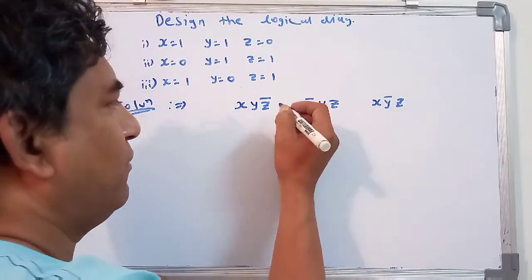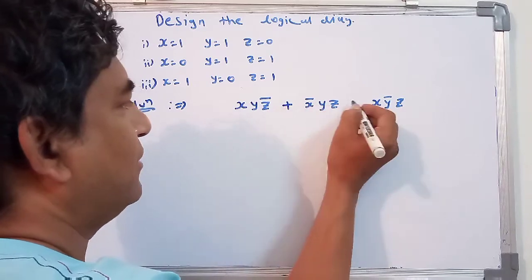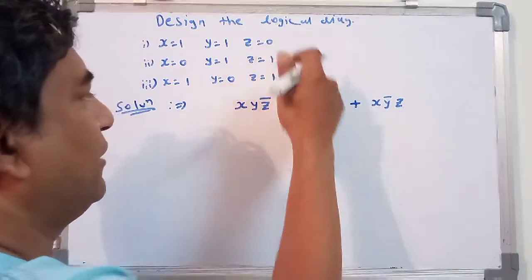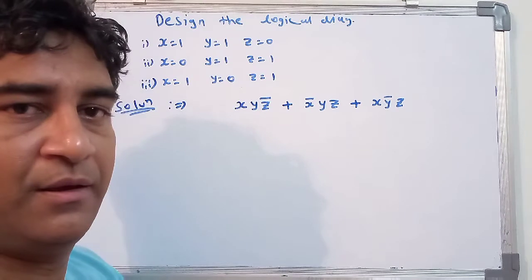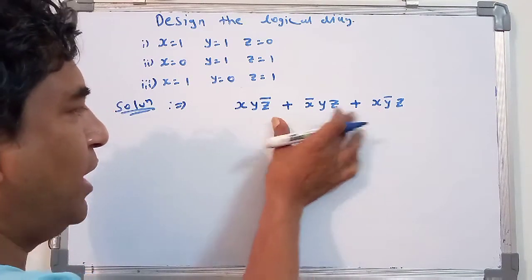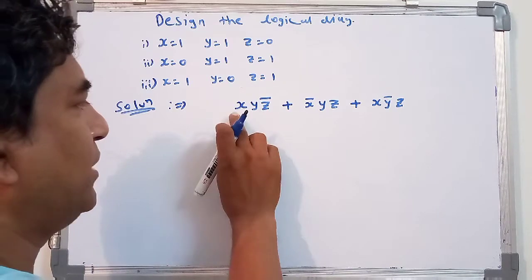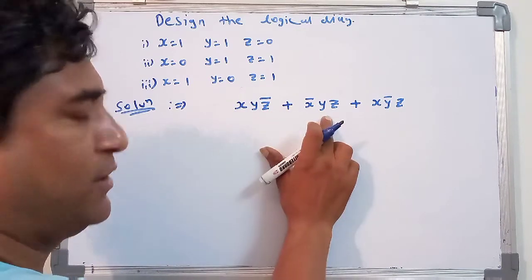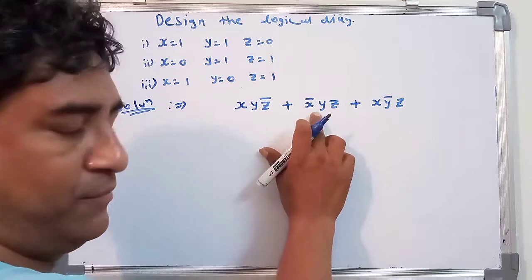Now, what we have to do is just add the 3 equations like this. By adding these 3 terms, you are able to see that somewhere there is a bar, somewhere there is no bar.